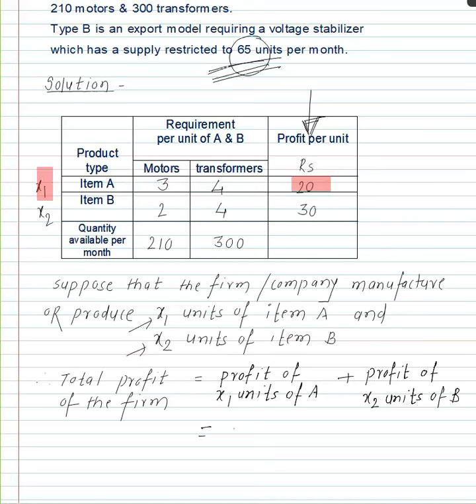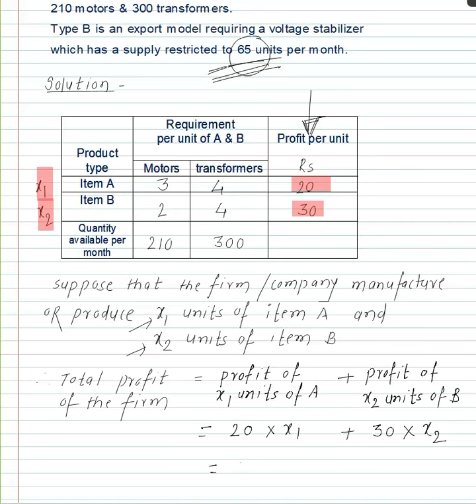Next, profit of 1 unit of item B is rupees 30, and therefore profit of x2 units of B will be 30 into x2.